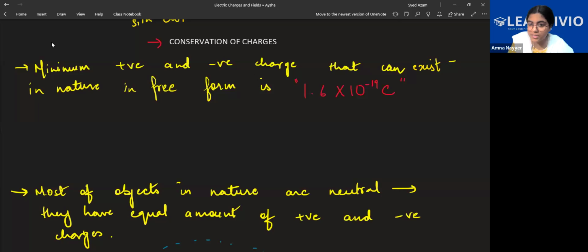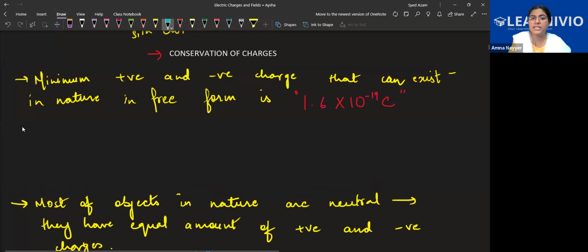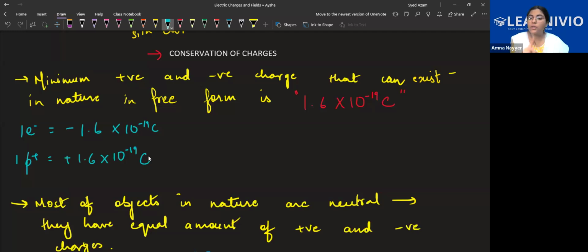Means this much of charge is present in one electron. If I say one electron, this will have minus 1.6 into 10 to the power minus 19 coulomb. And if I say proton, protons are positive. So this will be plus 1.6 into 10 to the power minus 19 coulomb. So this value you should remember. Till your last chapter, semiconductors, this value will be required. So it's better if you remember it, and everywhere you will need it.